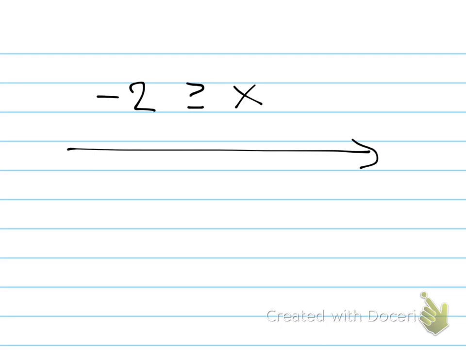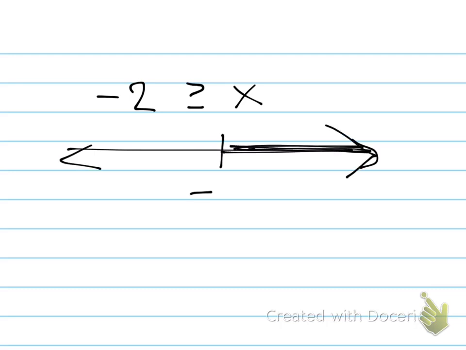It sounds like a great idea, and on all the ones we've used so far, it really works. But say we have -2 is greater than or equal to x. Now, the symbol points this way, right?